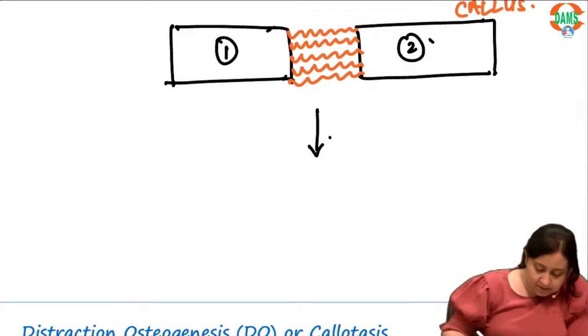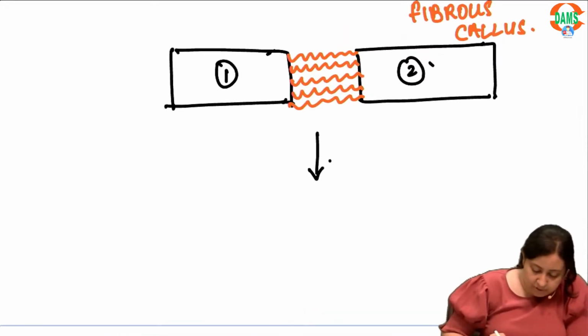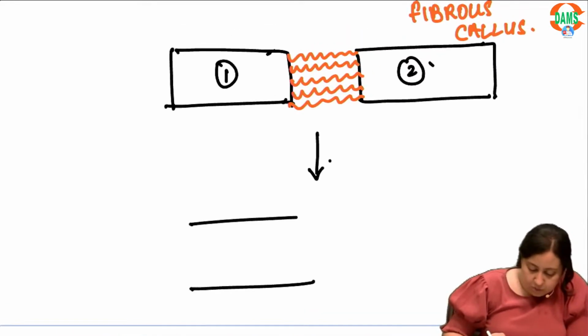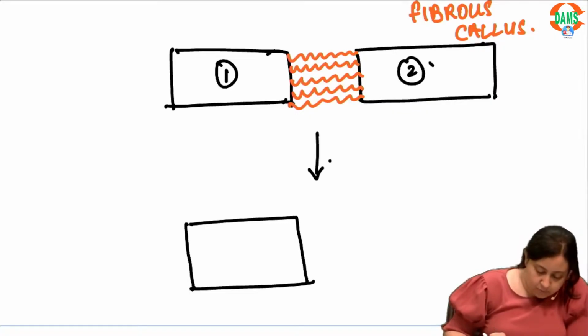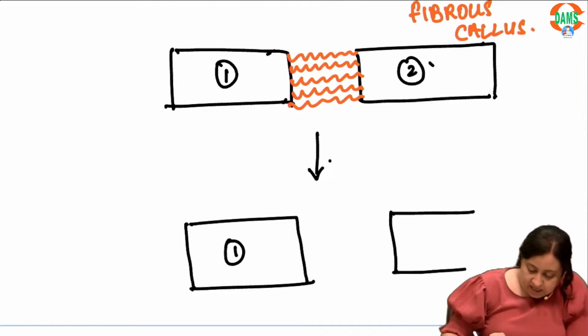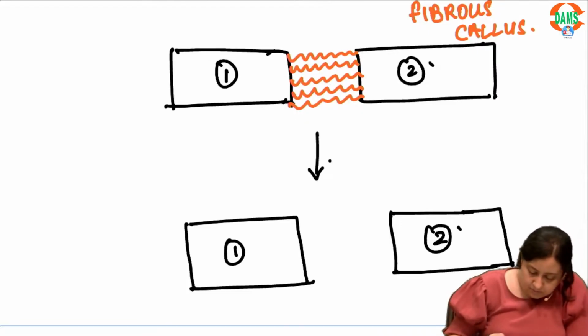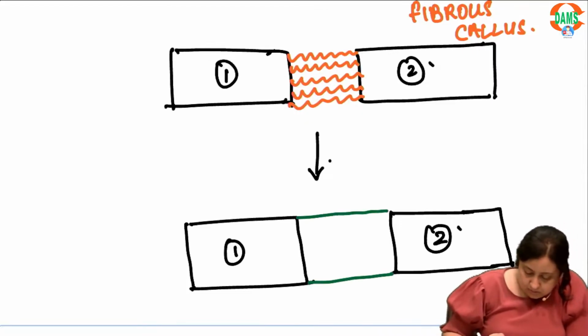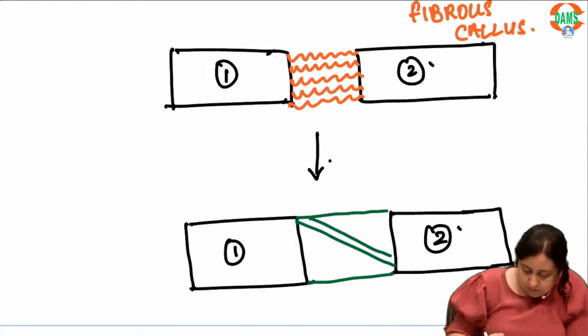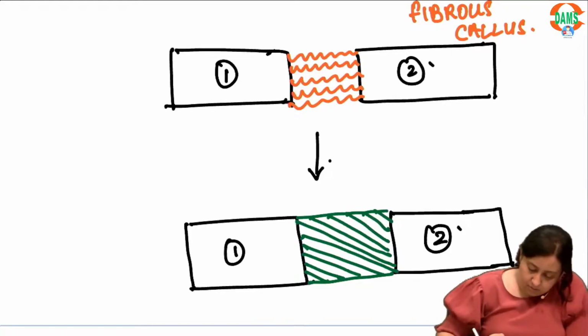Okay. Now what will happen next is this fibrous callus will undergo mineralization, will undergo calcification, and it will lead to new bone formation, dense mature woven bone formation. This is mature bone.